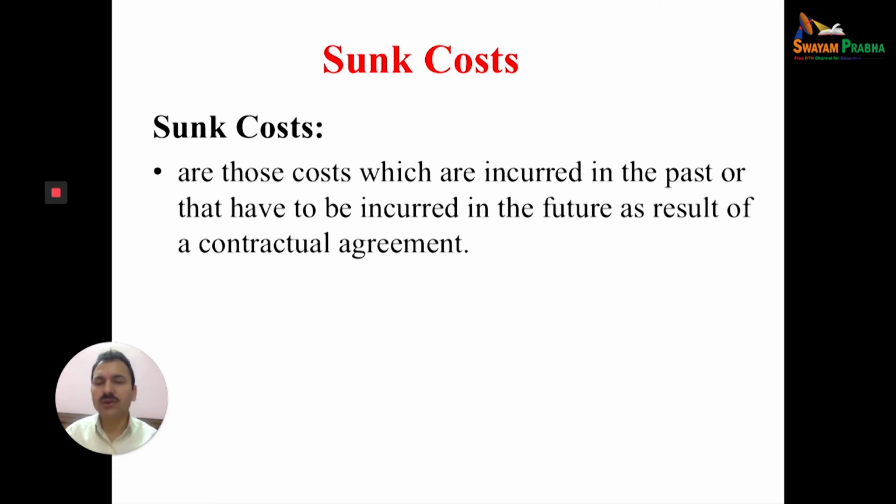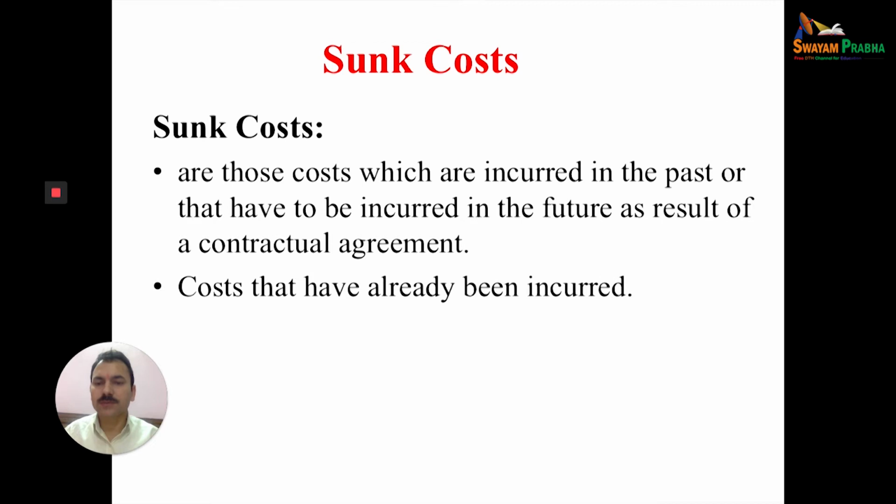If you have a contractual agreement and you have to pay, for example, 20,000 or 50,000 per month, which is not actually the cost of what you are producing right now, because you made the contract in the past, you have to pay some amount. That 50,000 is called the sunk cost. Sunk cost is cost that has already been incurred.